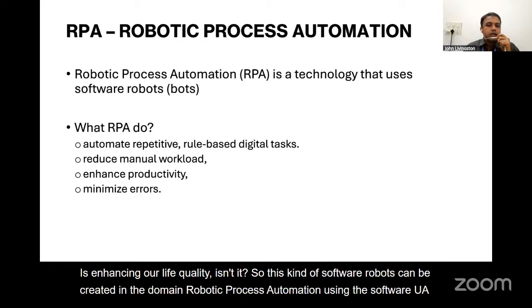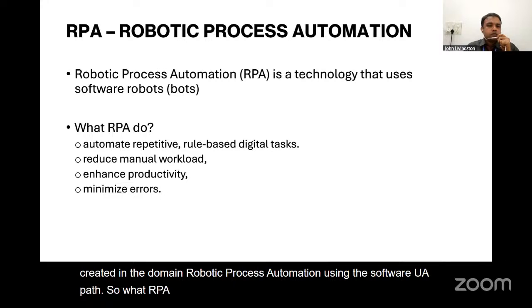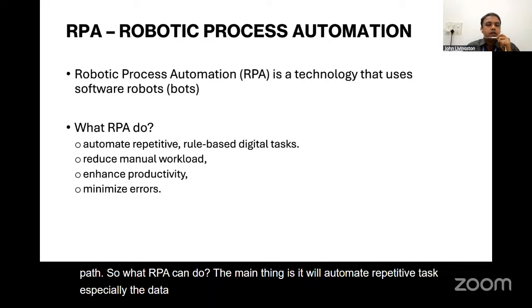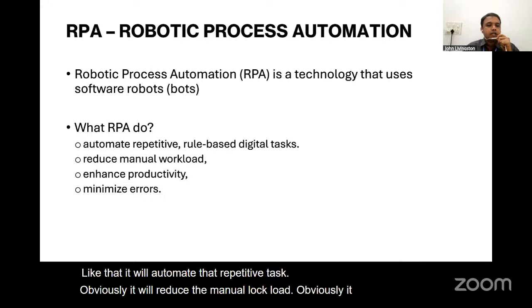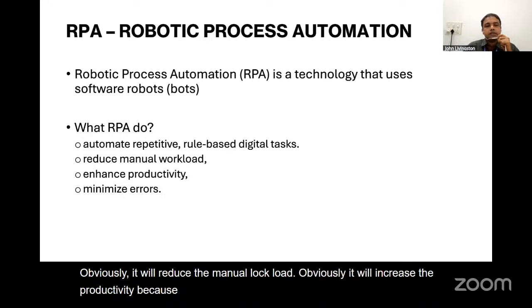So what can RPA do? The main thing is it will automate repetitive tasks, especially data entry. Obviously, it will reduce the manual workload. Obviously, it will increase productivity because it will minimize the errors.